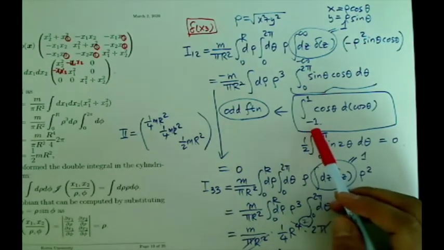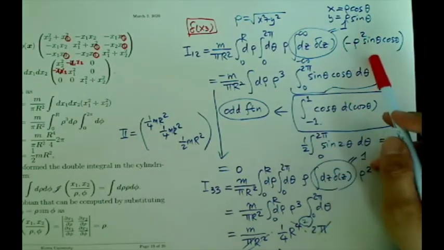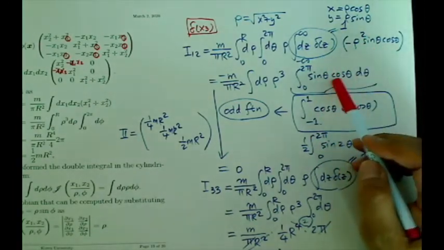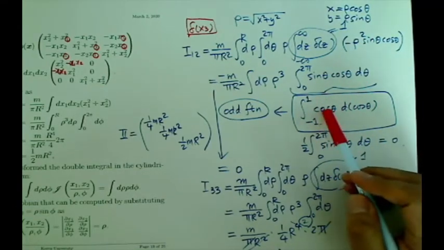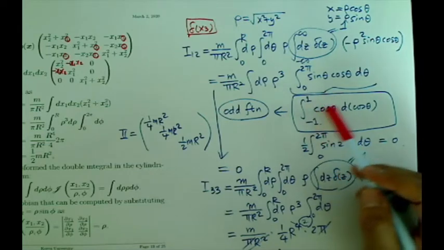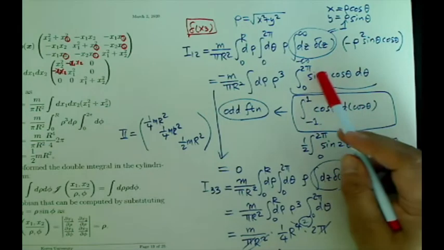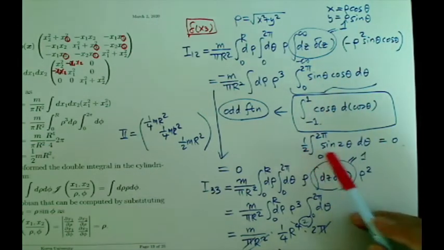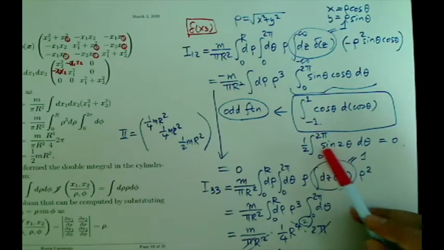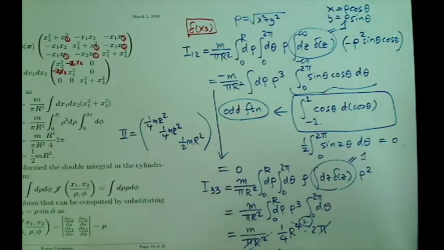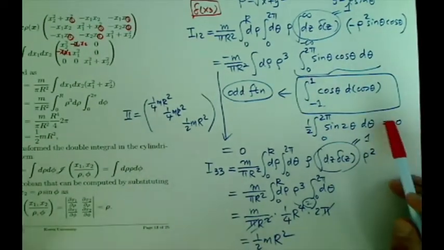But we find that this angle integral involves an odd function integrated from -1 to 1, so it vanishes. Or we can rewrite this one as 1/2 sine 2 theta.